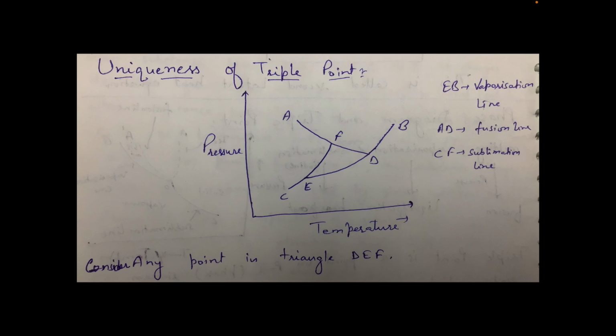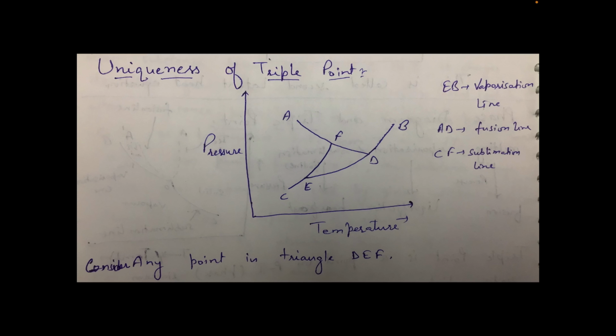That is, all the three phase lines, that is vaporization line, fusion line and sublimation line, are not meeting at a single point. Therefore they are meeting at three different points D, E and F, which are shown on the diagram clearly.